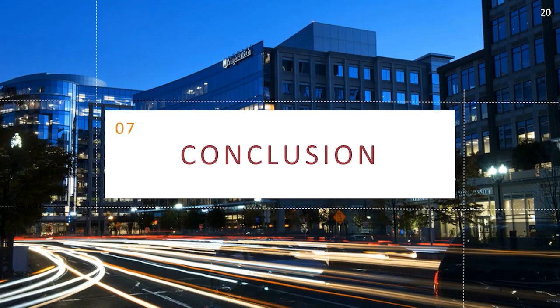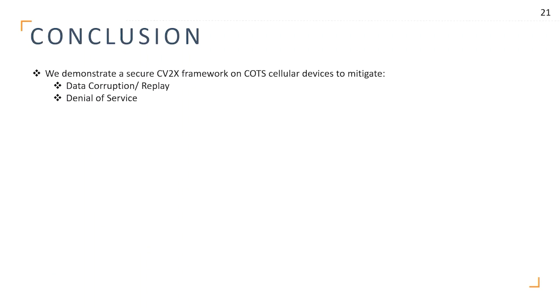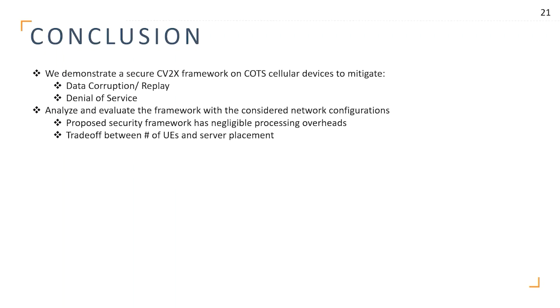In summary, with this work, we demonstrate and provide a proof of concept work to implement a secure CV2X framework on commercial smartphones to mitigate data corruption and replay attacks. We also consider denial of service attacks. Then we analyze and evaluate the framework with the discussed network configurations to show that the proposed framework has negligible processing overheads, albeit with some operating limitations.